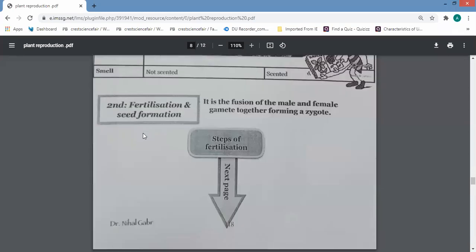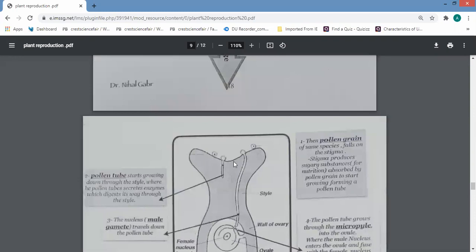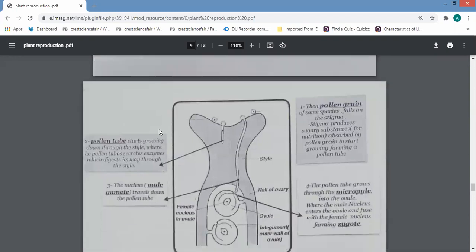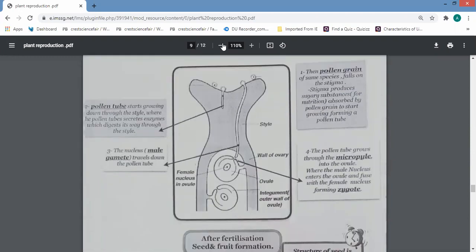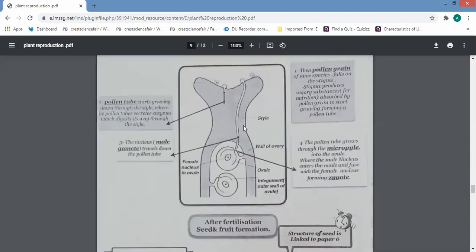After the pollination, the pollen grains reach the stigma of the flowering plant, the female reproductive organ. As you can see, firstly the pollen grains reach the stigma. Here, this is the pollen grains, and this is the stigma.